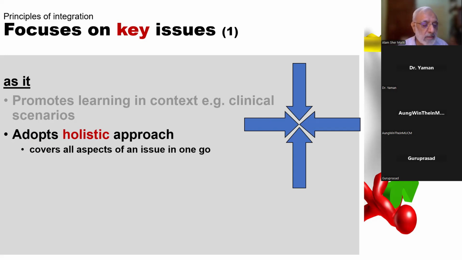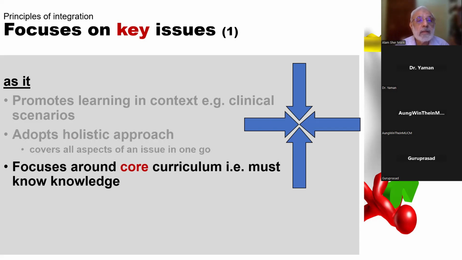So you learn the normal at the same time as the abnormality, and then you can compare the normal with the abnormal, and that helps in better understanding and retention of knowledge. It focuses around the core curriculum, must-know knowledge. So integration mainly addresses the most important areas, and it does not address trivial or minor points, but focuses on the core curriculum or must-know knowledge.